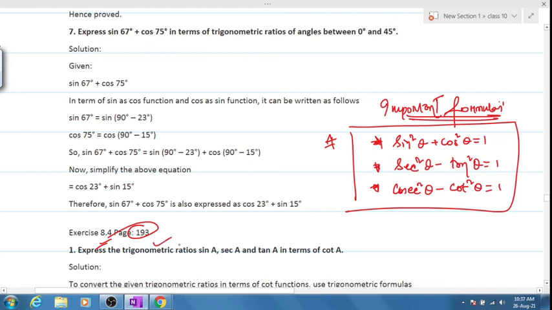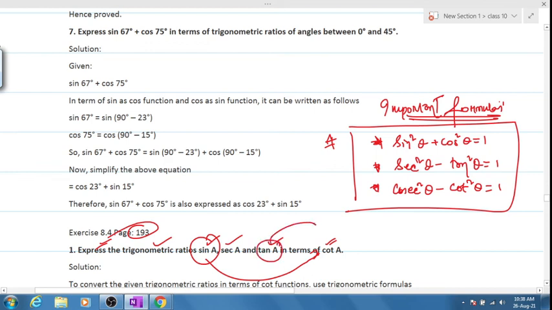Express the trigonometric ratios sine, sec and tan in terms of cot. How will you do this? Sine needs to be converted in the form of cot. These are very important questions. You can be directly asked these in MCQs.